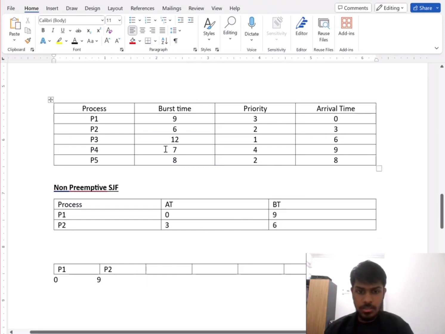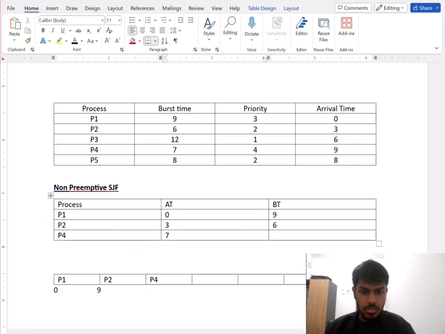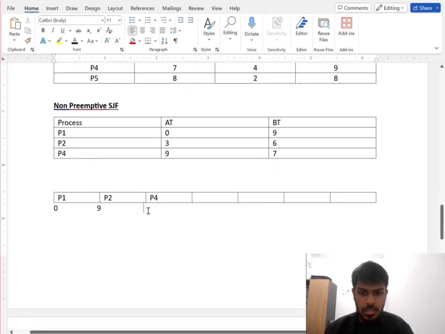The next lowest burst time is P4 with 7, arrival time 9, burst time 7.